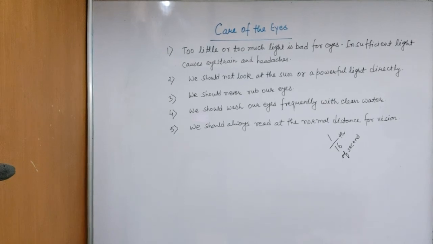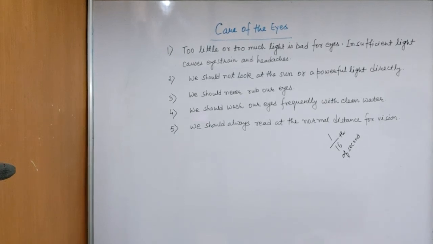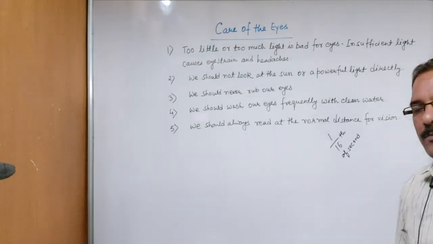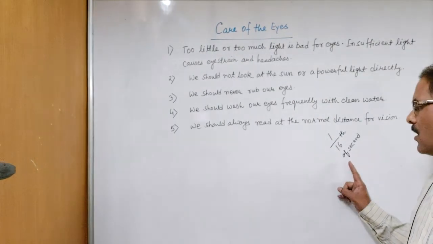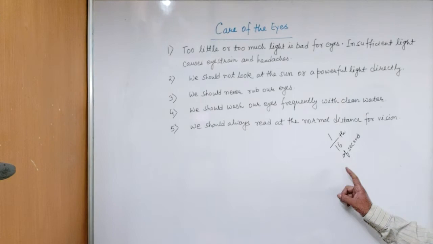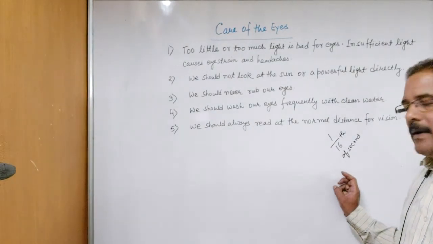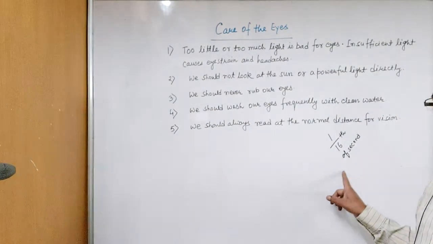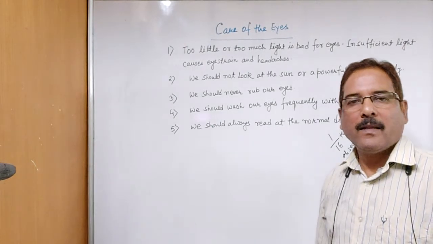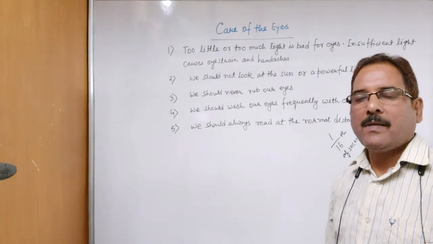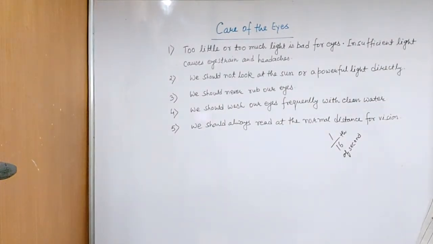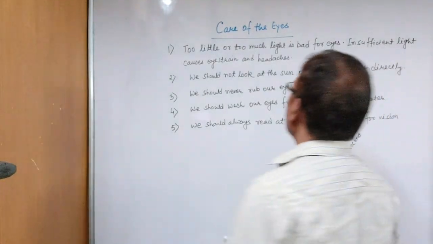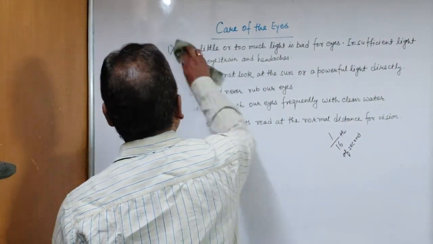So if we see an object and then the object disappears from our view, the image of this object will still persist in our retina for 1/16th of a second, and this is called persistence of vision. So persistence of vision is another important term.